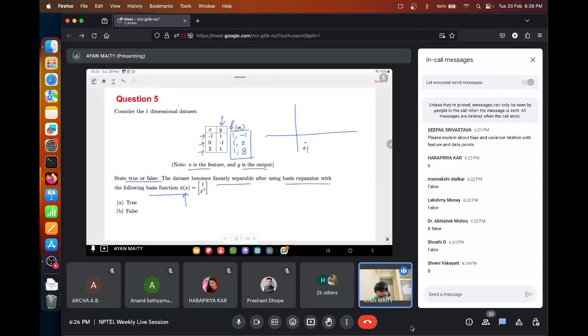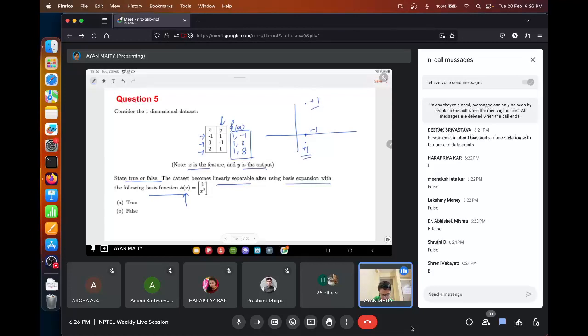Second point is 1 comma 0, so it will be here, and its label is minus 1. The third point is 1 comma 8, so it will be somewhere here, and its label is plus 1.